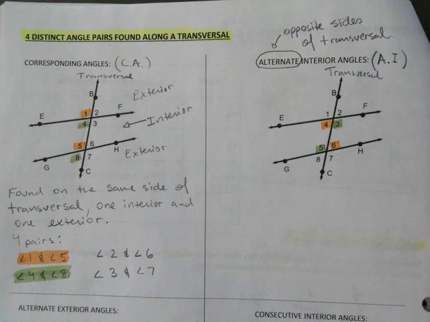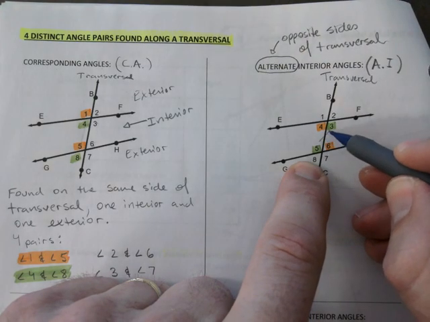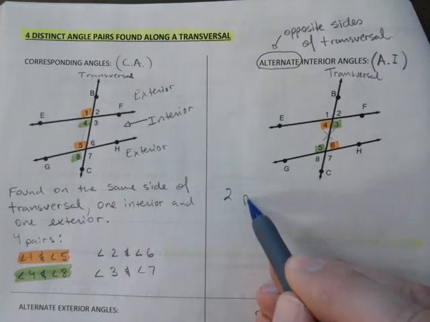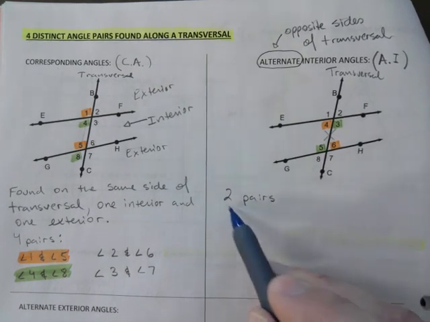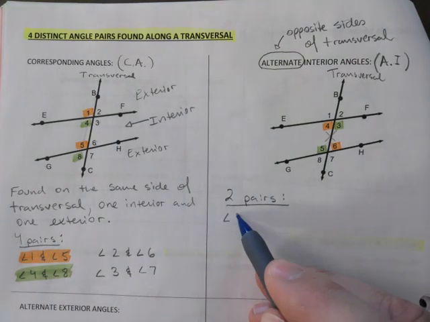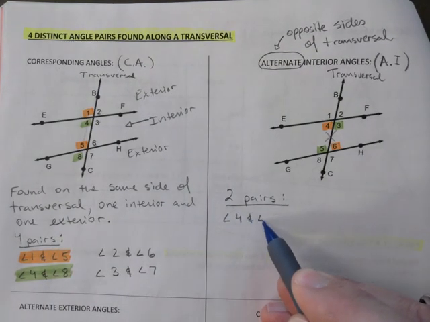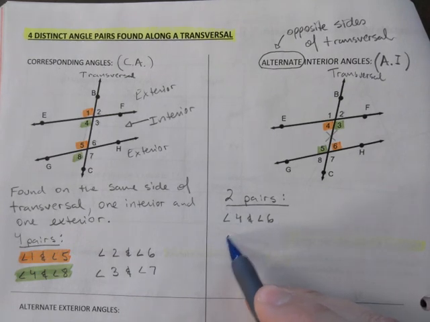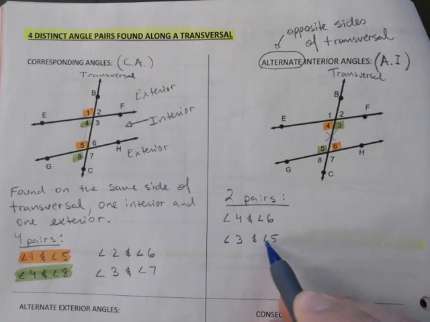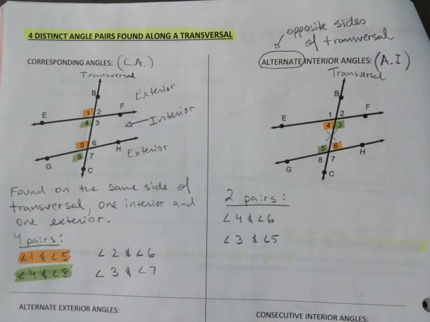They kind of make an X if you see that, right? 2 pairs. Angle 4 and angle 6, as well as angle 3 and angle 5. So you only have 2 pairs of those.